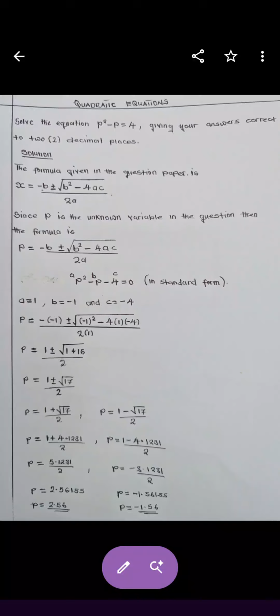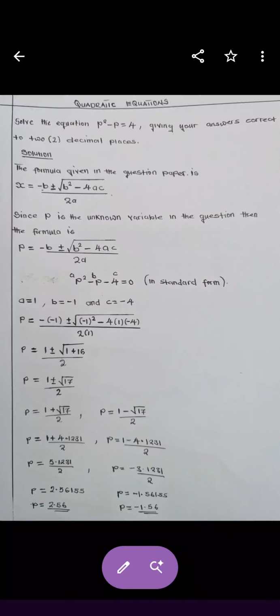Since we have written the correct quadratic formula, we need to go back to the question and check if the equation is in standard form. Remember, for a quadratic equation to be in standard form, all the 3 terms must be on one side of the equation, and on the other side we must have a 0.